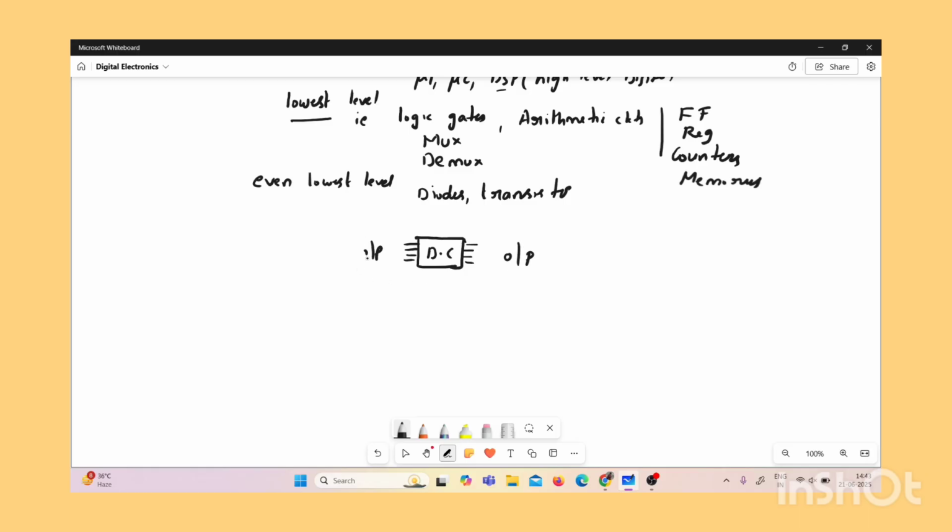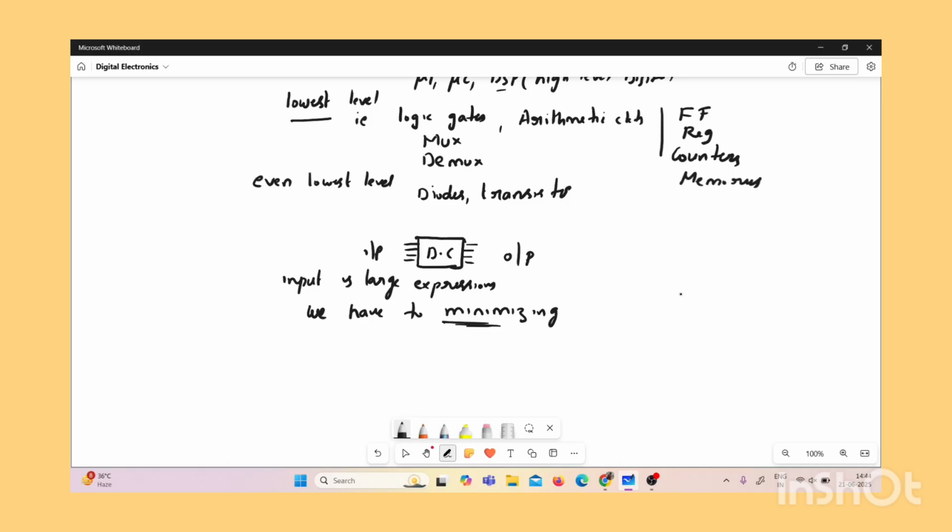Now, the input may have larger expressions, with many variables. So in this subject, initially we will learn how to minimize the logical expressions. After minimizing, that input is applied to the digital circuits, and it will process the signal. So the main purpose of studying in the initial part, at the start of the syllabus, is minimizing the logical expression.